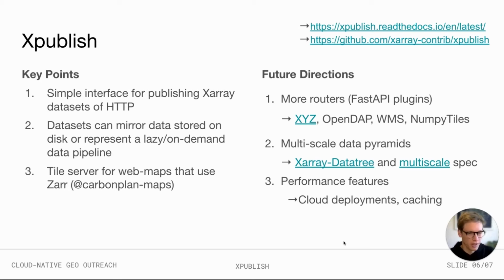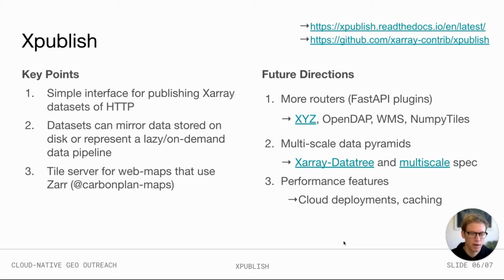So level 3, level 4 data could be computed on the fly rather than stored as a separate copy. And then we're using this at CarbonPlan essentially as a tile server. We're starting to explore using Xpublish to serve data in Zarr format to our web front ends. So Kate is giving a talk later today on how this works.